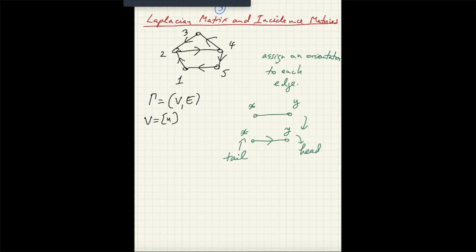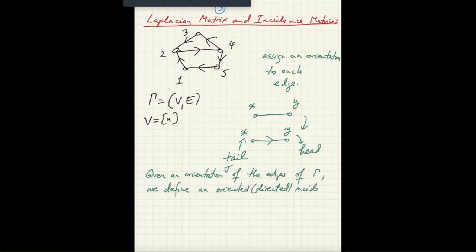So given an orientation of the edges of gamma, let's call this orientation sigma, we define its oriented, or directed, incidence matrix of gamma as follows.